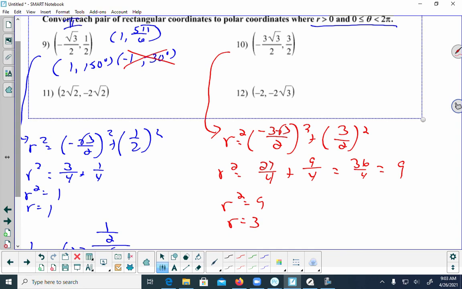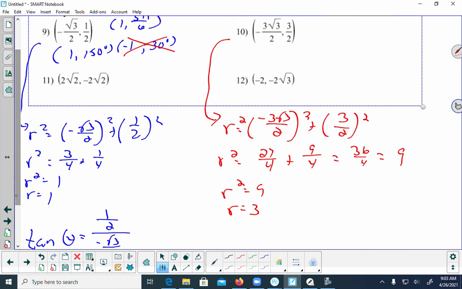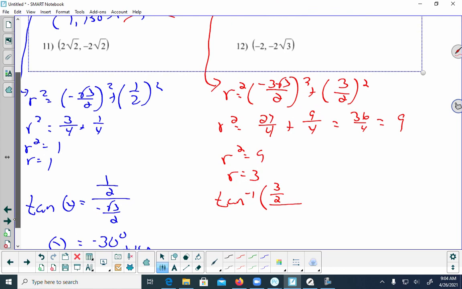If I'm doing my units, I'm going to say the inverse tangent. Let's just jump right to the inverse tangent of 3 over 2 divided by negative square root of 3 over 2. And I do believe I'm going to get negative 30 degrees again.